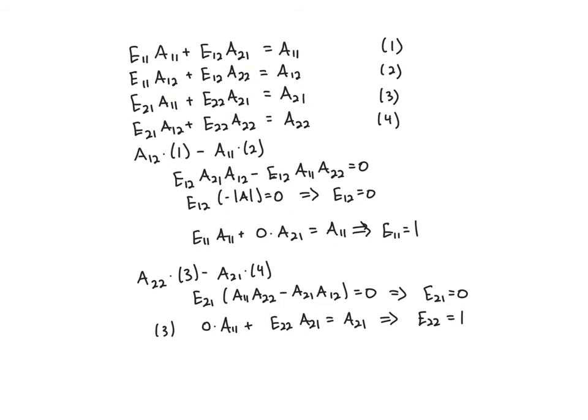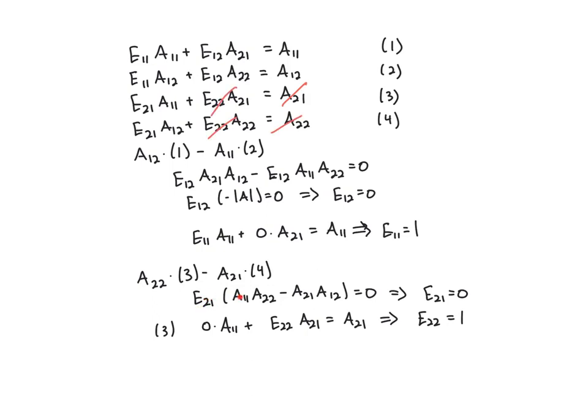You can play the same game with the second set of equations, namely find a linear combination that kills the right-hand side, like A22 times equation 3 minus A21 times equation 4. And if you do that and simplify, you will see that you get this expression. So what happens is that the E22 terms end up canceling when you do that calculation.